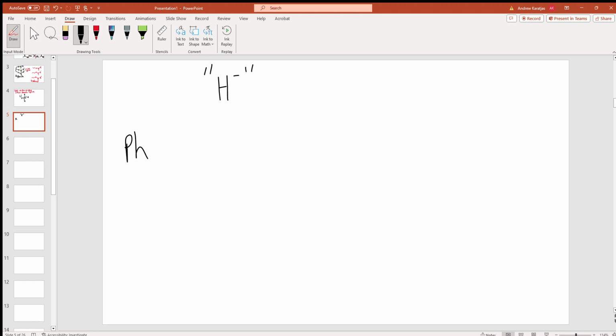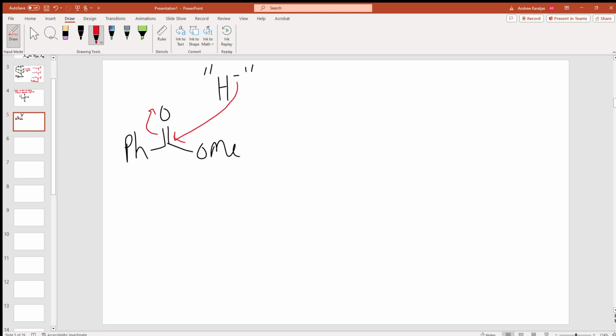And we can put pretty much any R groups we want on our ester. And that H-, very strong nucleophile, the carbonyl, we know is a good electrophile. And this reaction happens extremely quickly.